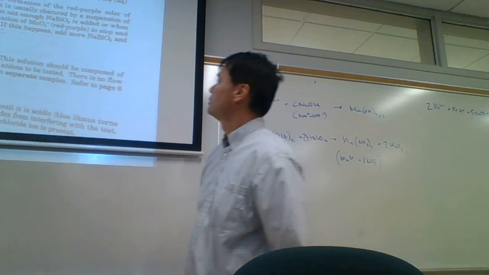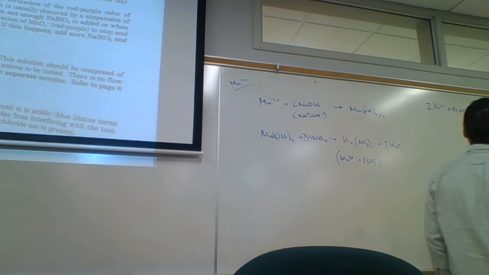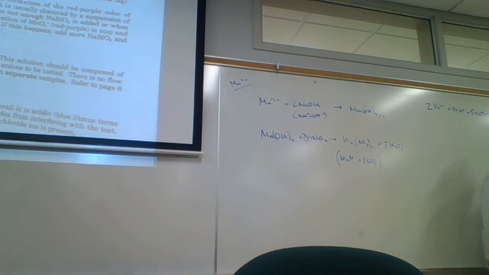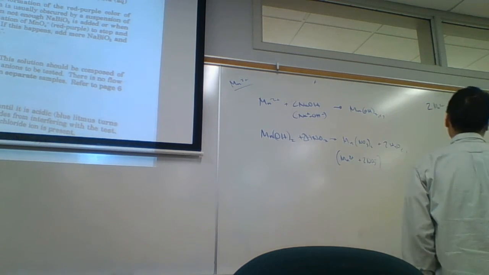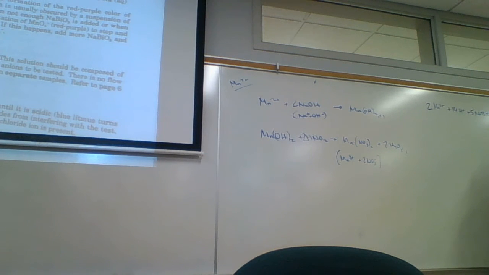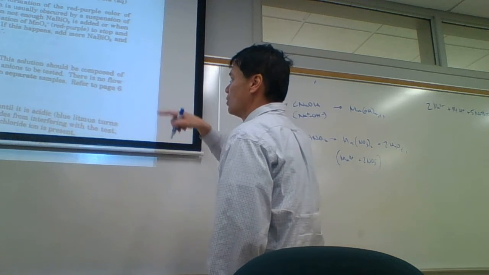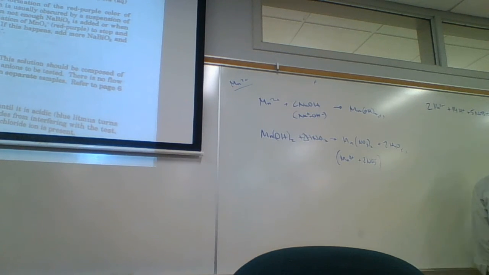This is going to produce 2 permanganates, plus 5 bismuth 3+. It says 21 H2O, but I cut down some of the H2Os because I'm not using hydronium, so I'm going to cut this down by 14. So that's 7 H2O, plus 5 sodium ions.